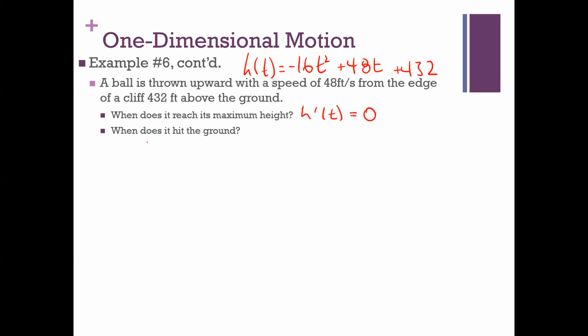How'd you just do that? We just did. I was curious if you took a derivative or you just read it from what we had before. So it should be negative 32T plus 48. Am I setting this equal to something? Yeah, 0. That means T is equal to what? 3/2.